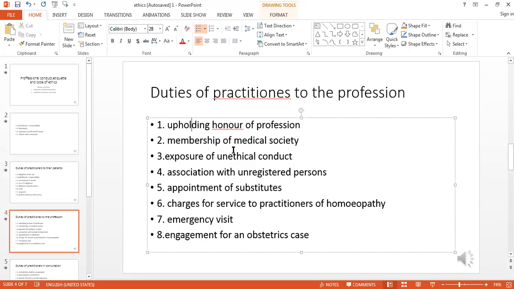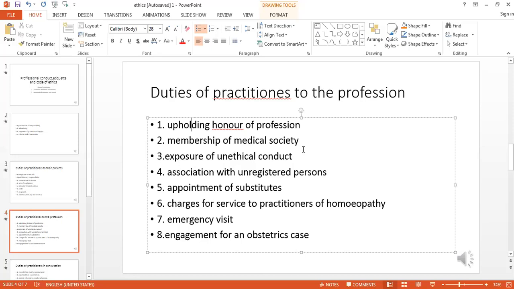Second, membership of medical society. For the advancement or to get the value addition of the profession, a practitioner of homeopathy should affiliate himself with the medical societies and contribute his time and energy and any progress, so that it is used for the betterment of the society and the betterment of our profession.